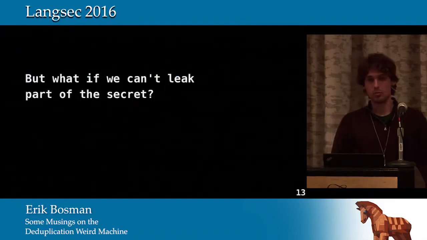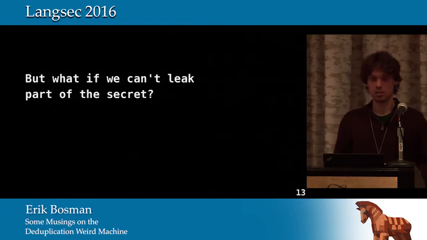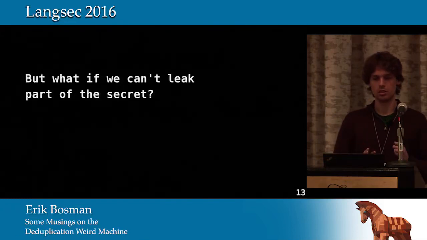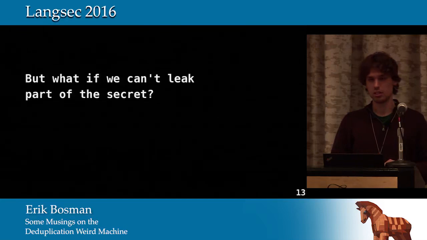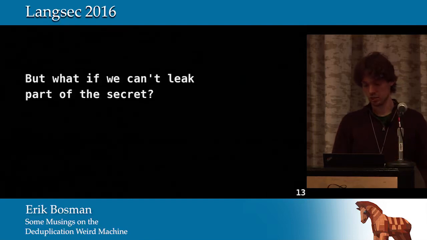But there might be a situation where an attacker cannot craft a page that reduces the entropy of the secret it wants to leak. This was the case for us for the heap pointer that we wanted to leak.